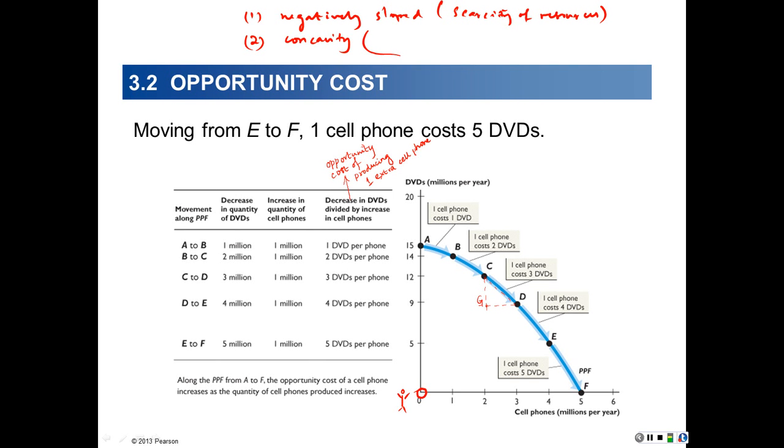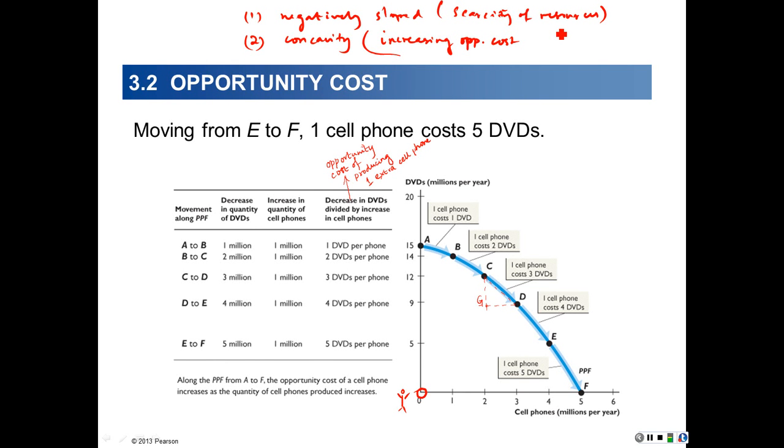And of course, the implication of concavity is you have increasing opportunity cost. In other words, as this economy produces more and more cell phones, it becomes progressively more and more expensive to make cell phones in terms of DVDs given up. Do you see this in this graph?